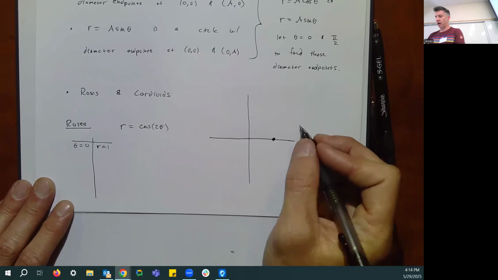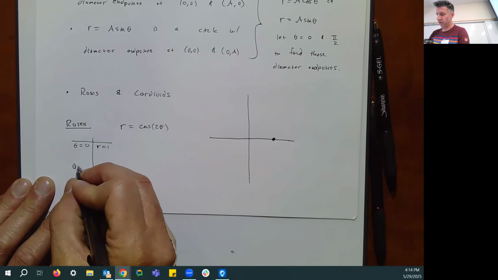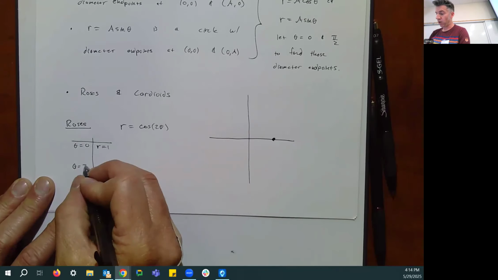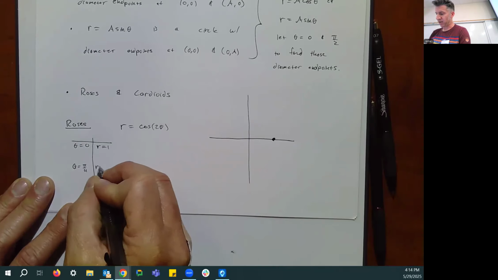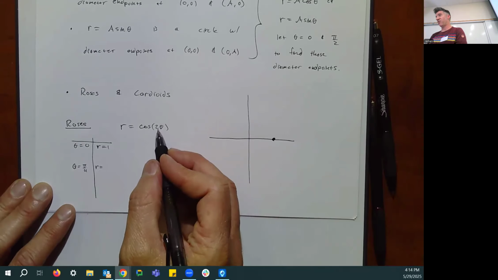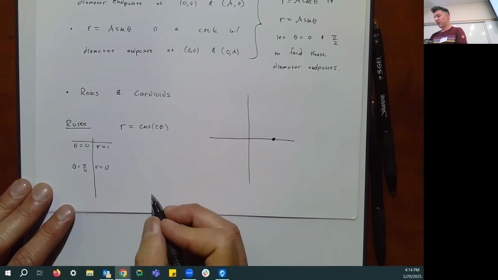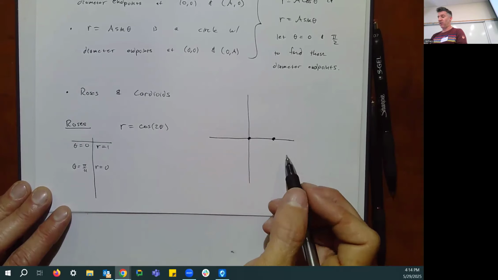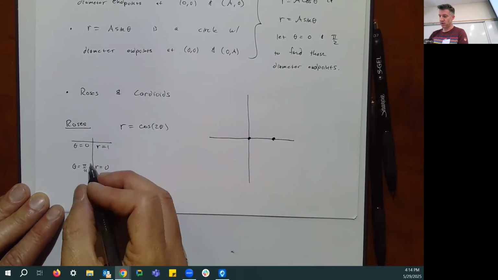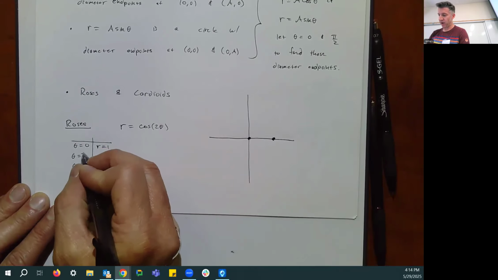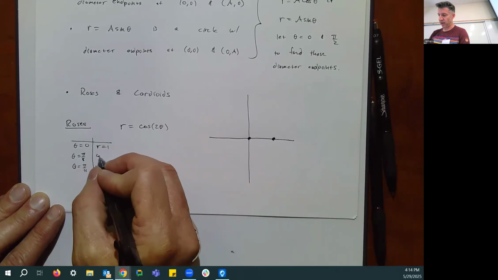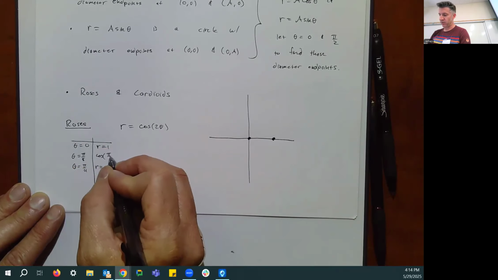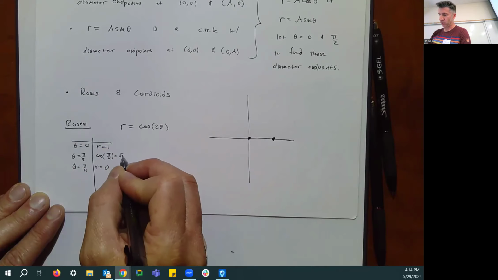And then if theta equals pi over 4, my r is going to be cosine of pi over 2, which is 0. It doesn't really help me because how am I getting from there to there? I want to pick one intermediate point. So I plug in theta equal to pi over 8. I'm going to get cosine of 2 pi over 8, which is pi over 4, which is root 2 over 2.